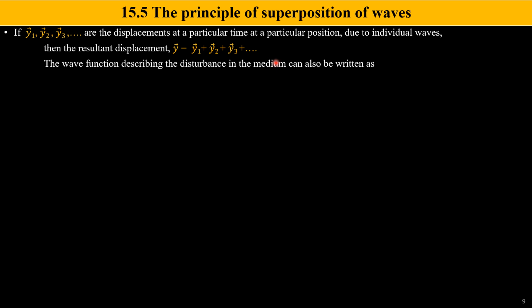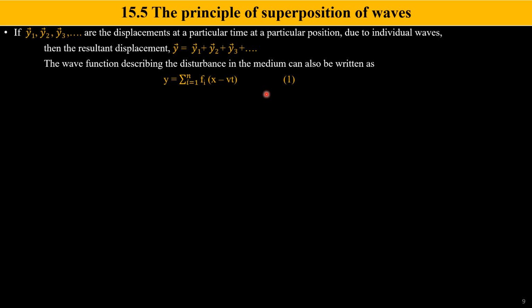This wave function describing the disturbance in the medium can also be written as y is equal to the summation, sigma i equals 1 to n, of f_i of (x minus vt). Let it be equation 1.